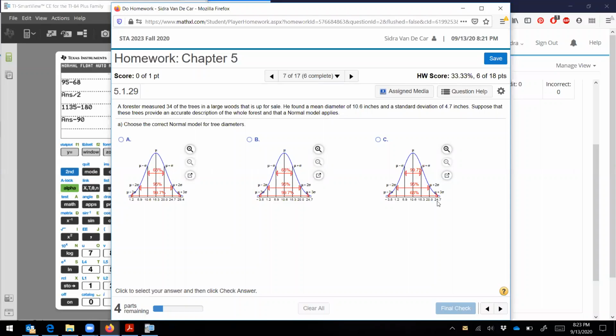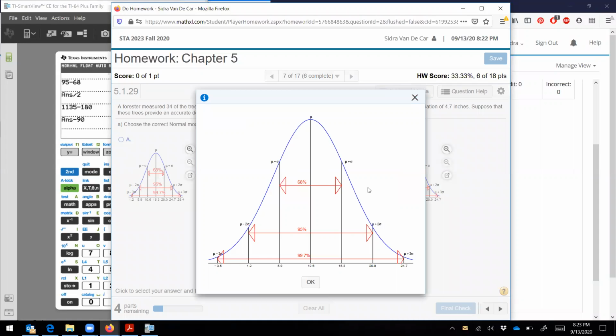All right, now subtract. 10.6 minus 4.7 would be 5.9. That's fine. 5.9 minus 4.7 is 1.2, and then negative 3.5. So let's see what the difference here is.